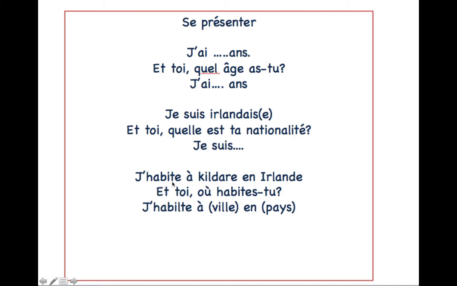So if you want to say, I live in Kildare in Ireland, you say, j'habite à Kildare, en Irlande. And here you notice we've dropped the E from je because it's followed by a H. So j'habite à Kildare en Irlande.